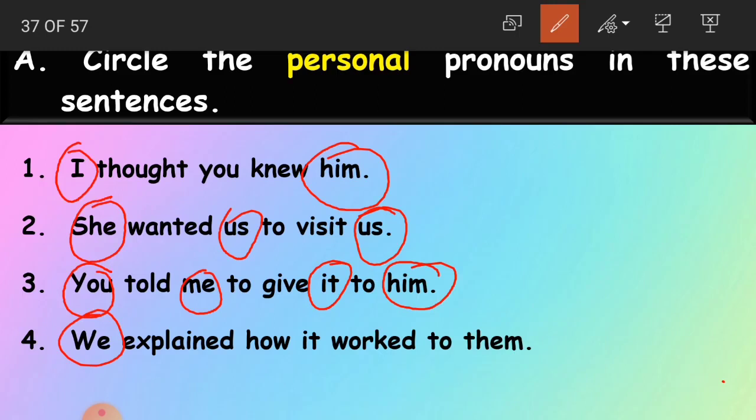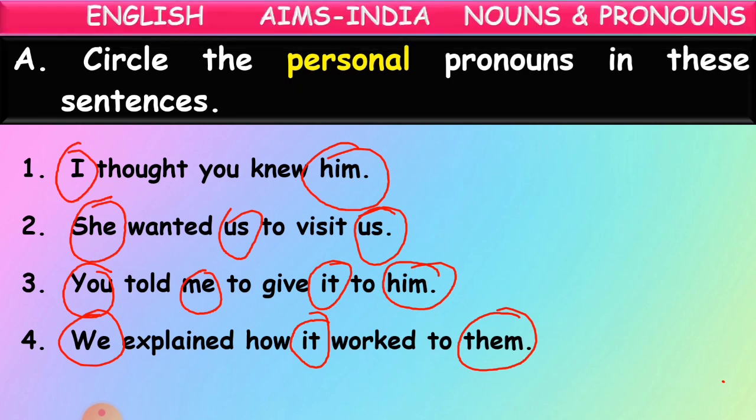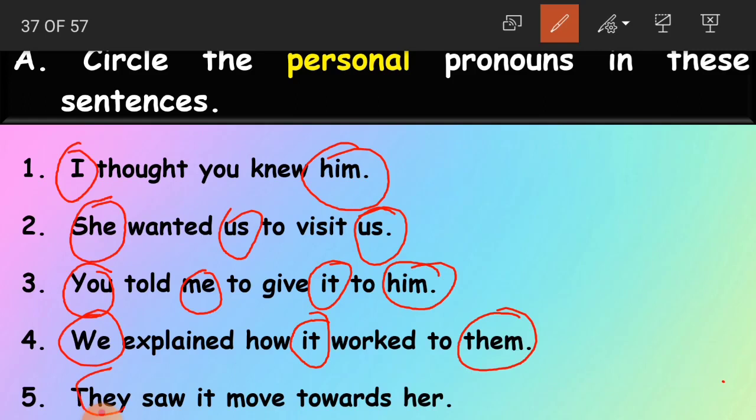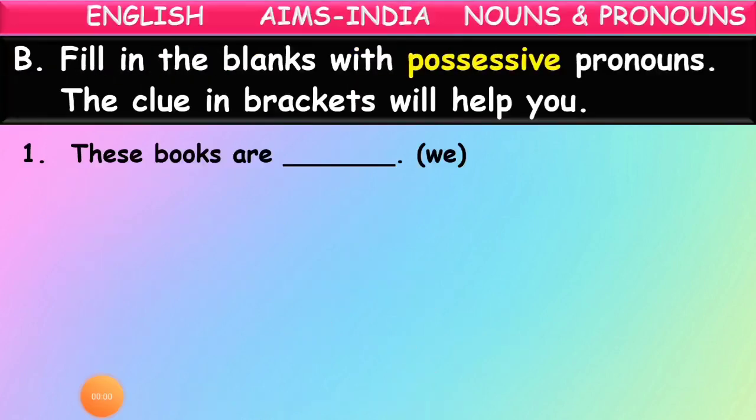We explained how it worked to them. And the fifth sentence, they saw it move towards her. So these are all our personal pronouns. Clear, children? Now we'll move on to the other exercise.